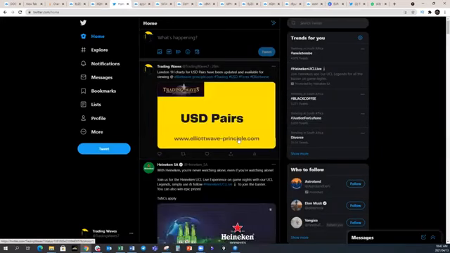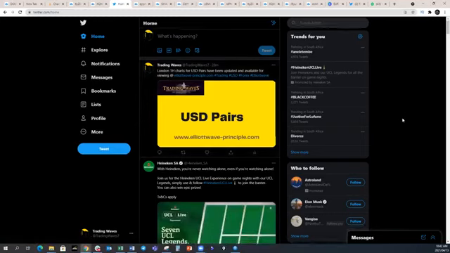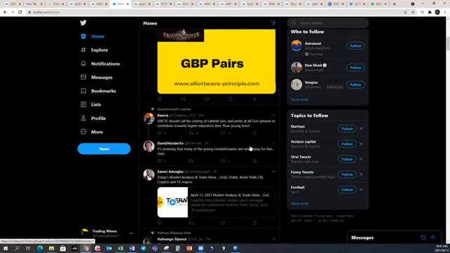So this was the chart. I hope you guys are following us on Twitter, because we post these updates on Twitter as well. Just an idea on Dogecoin, not a trade setup or anything. It was an idea that we have on Dogecoin.